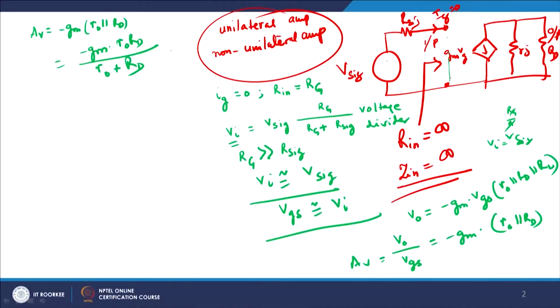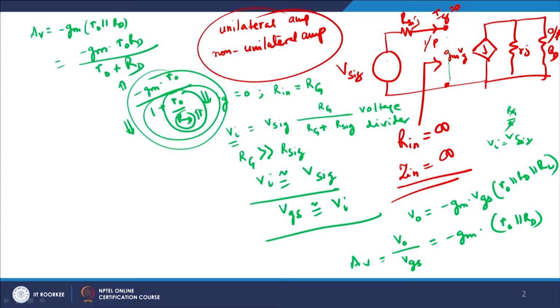If you want to find out the effect of Rd, for example, then simply divide numerator and denominator by Rd, and you get minus Gm times Ro divided by 1 plus Ro by Rd. So if you increase the value of Rd, this quantity will decrease, and therefore the whole quantity will increase, and the gain will become larger. So gain is directly proportional to Rd, as we have already learnt.